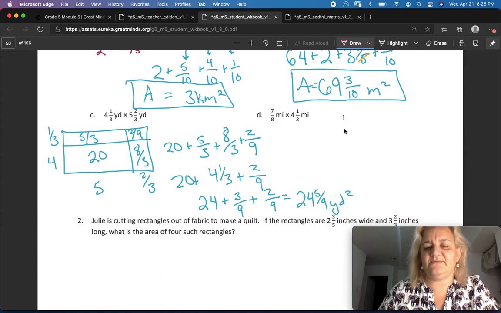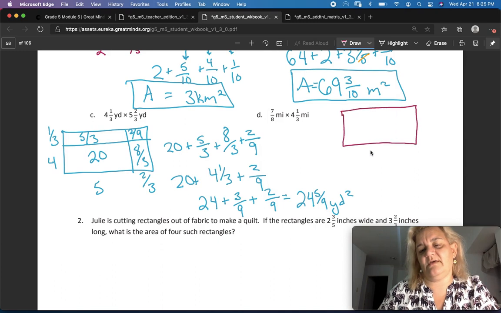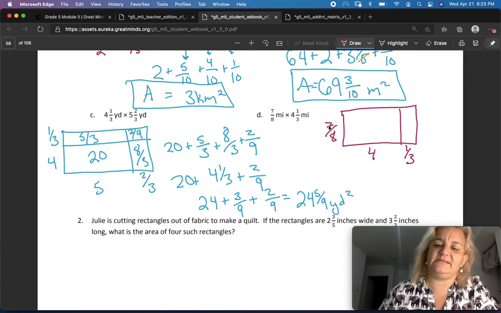Okay. Letter D. I'm going to switch to colors here. 7/8 times 4 1/3. So 7/8 times 4 will be 28/8. And 7/8 times 1/3 would be 7/24.